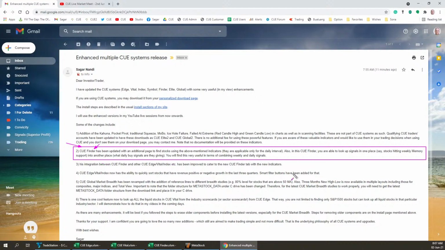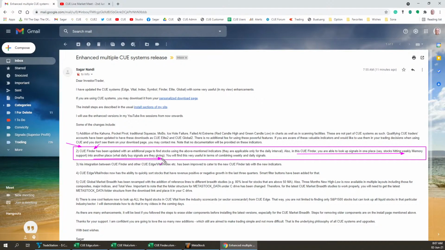Also, now there is an added feature that in Q Finder you are able to look up signals in one place, say stocks hitting weekly memory support, in another place. What daily signals are they giving? We could do that manually earlier.